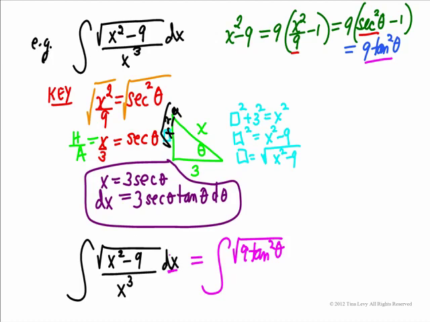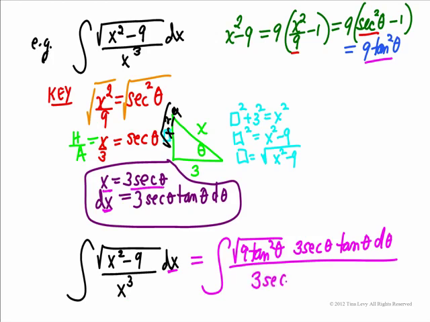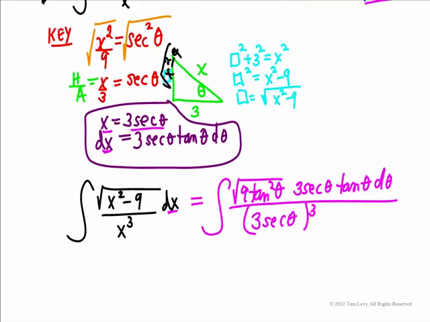We then need our dx, and we know that is 3 secant theta tangent theta d theta. And now for our substitution, x is 3 secant theta, and we are cubing that. Once we've done that, we're now going to have a trig integral that we're going to try and finish.